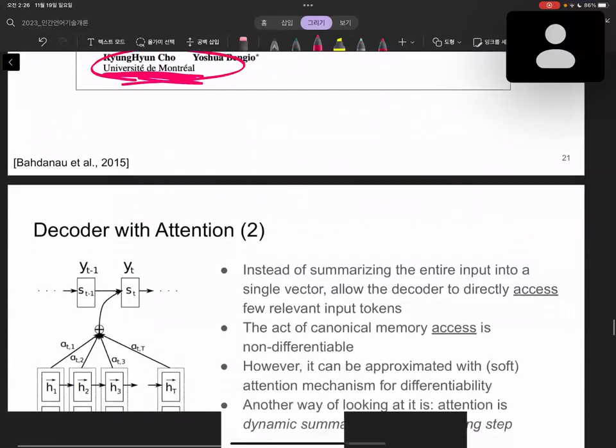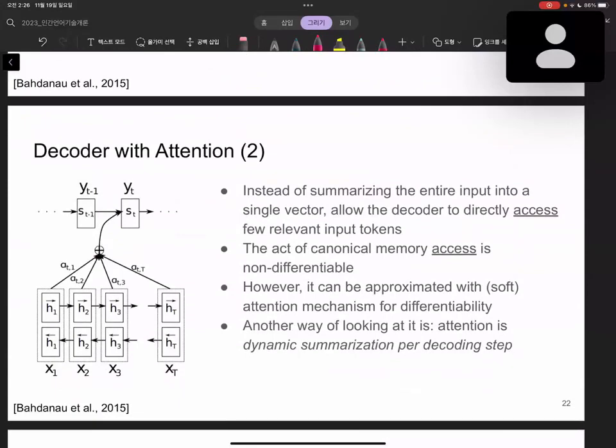Anyway, what is the attention? Instead of summarizing the entire input into a single vector, allow the decoder to directly access a few relevant input tokens. Okay, so the keyword is directly access few relevant input tokens.